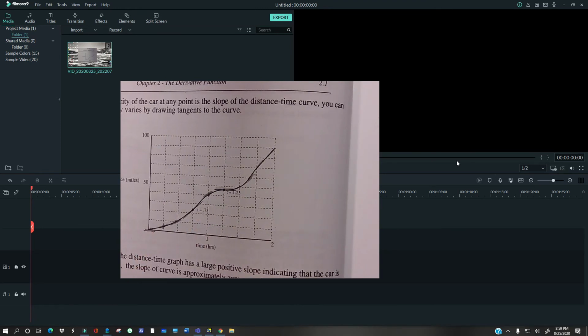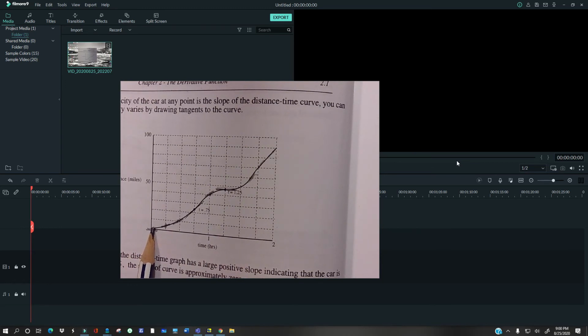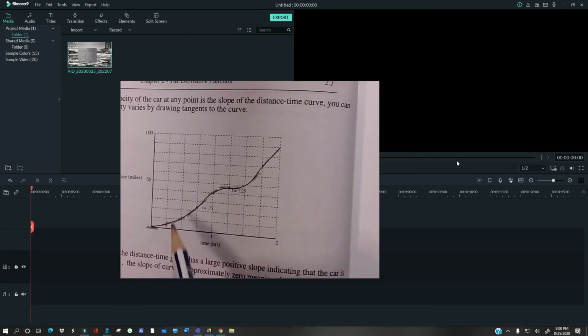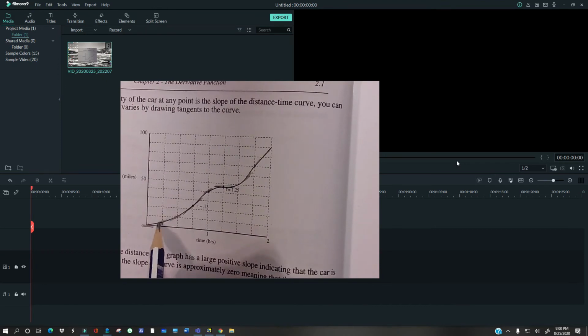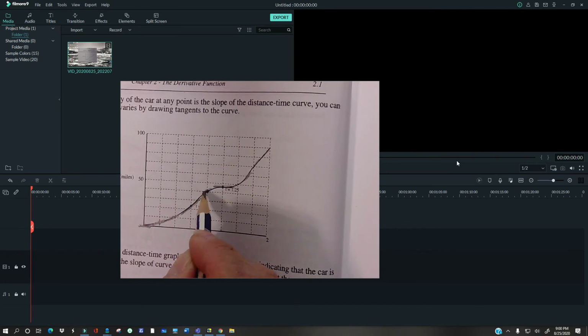When you're looking at a graph, you can tell when an object is speeding up when the slope of the tangent line to the graph at a particular point is the steepest. Here I'm in my driveway and then I start driving. My tangent line is maybe about a half, then it gets a little steeper here, and steeper here, and then starts to get less steep till it goes to 0.